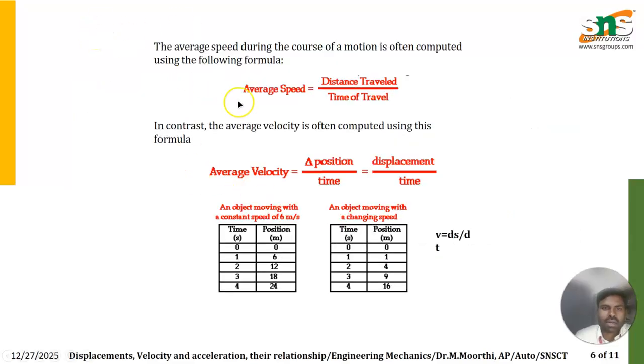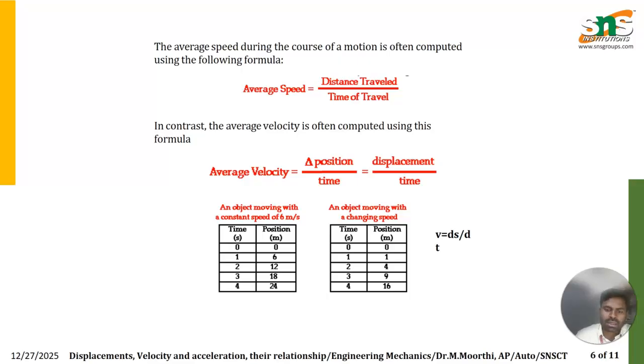The average speed is equal to the distance traveled divided by the total time of travel. For example, if a train is moving from one station to another, in between we have a number of stages, station 1 to station 2, station 2 to 3, and likewise 3 to 4.